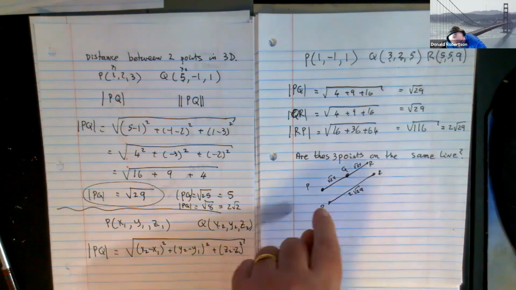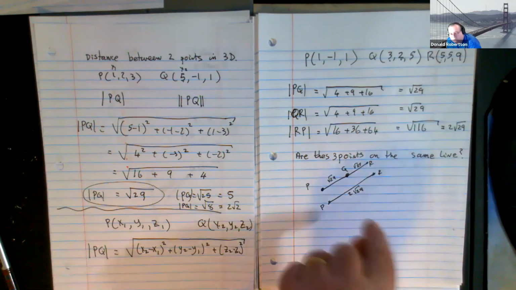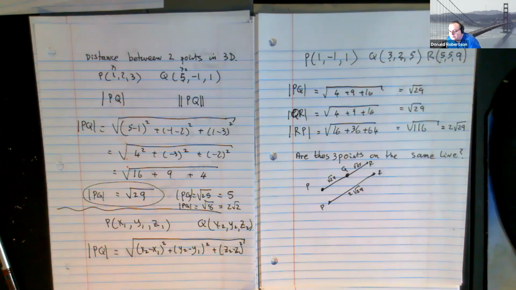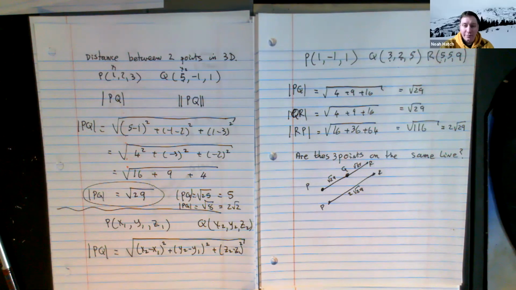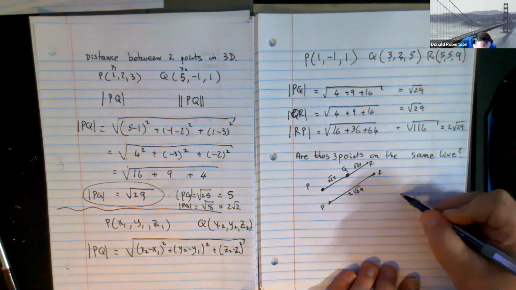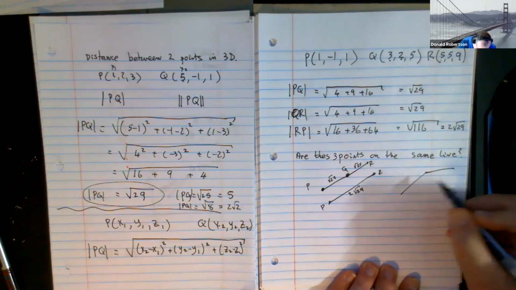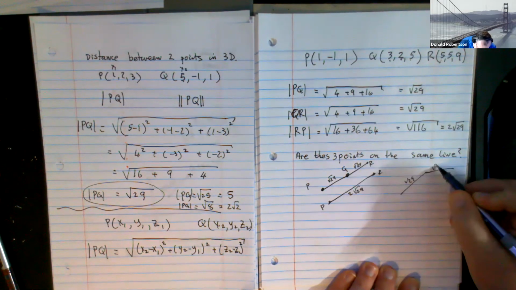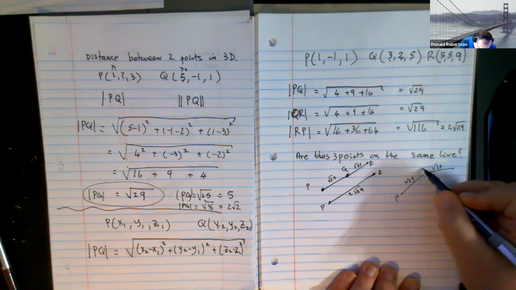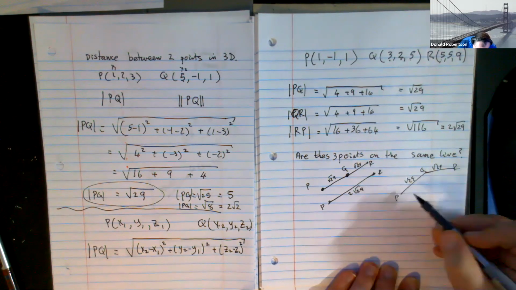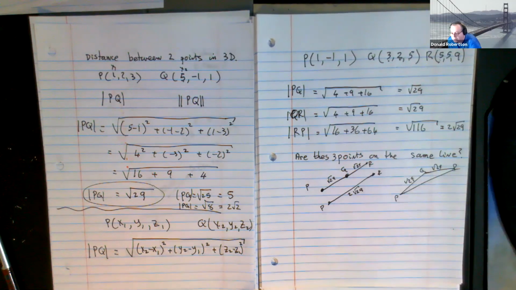Why does that make these a straight line? Shortest distance between 2 points. Yeah. Now, if it was square root of 29 bend square root of 29, it could be that, right? Then wouldn't PR be smaller than 2 lots of the square root of 29?